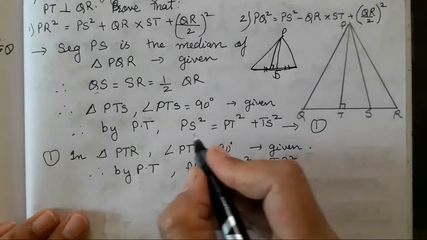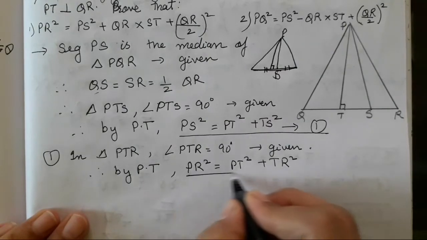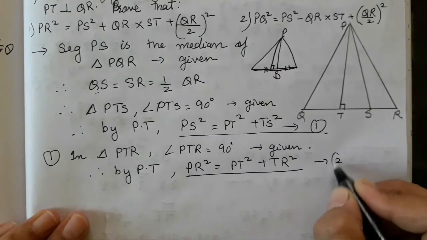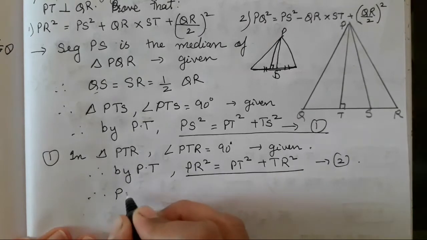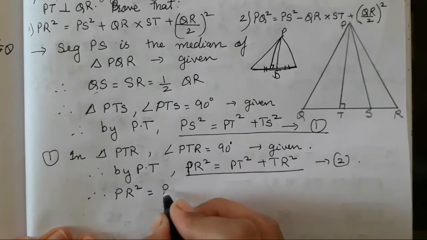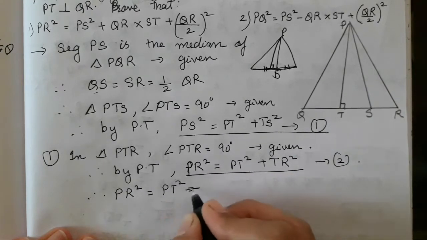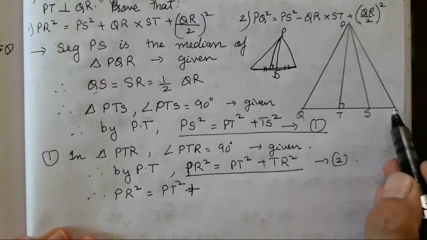When I am writing it, children, you all have to refer to whatever I am saying. So this is going to be your second thing. Got it? So therefore, PR square is equal to PT square plus TR square. You all have to show TR. This is your TR.